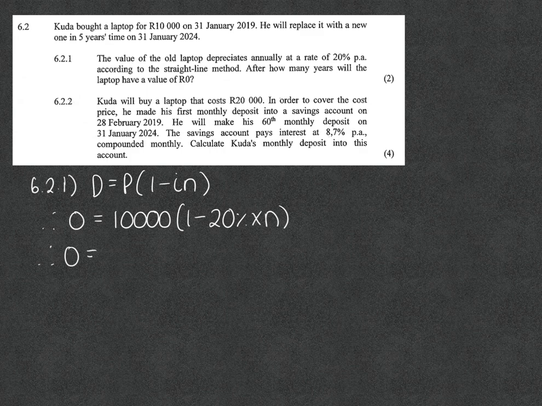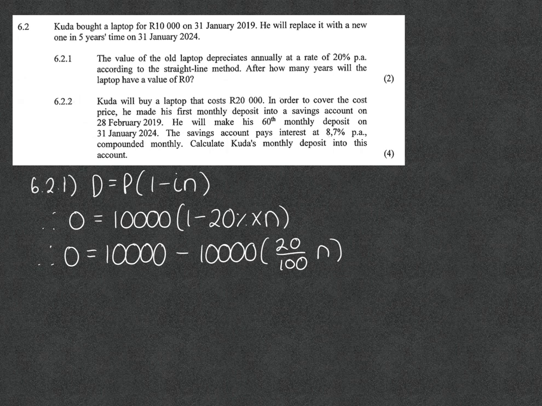So therefore 0 equals 10,000, so we can times it in, so it's going to be 10,000 minus 10,000 times 20% n, basically. So therefore we can bring that over. Let's also convert that. I'd actually do that in that step, to be honest. So let's change that into 20 over 100. So we can now bring that over.